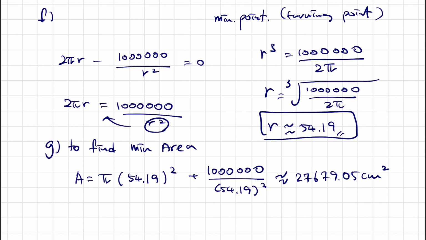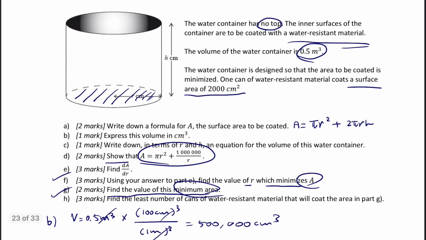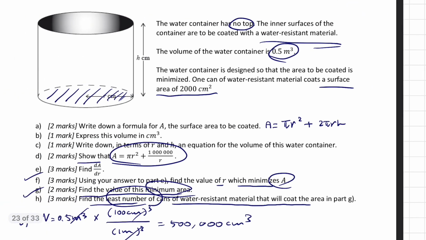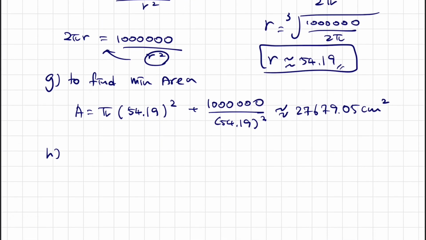Then question H, we need to find the least number of cans of the water-resistant material that will coat the area in part G. Each can of the water-resistant material coats about 2000, right? This is per can.